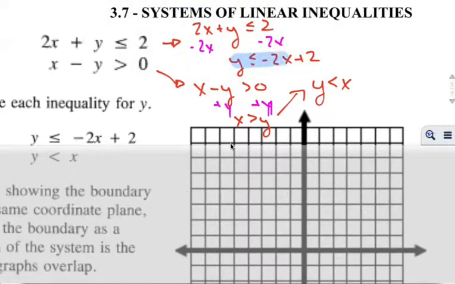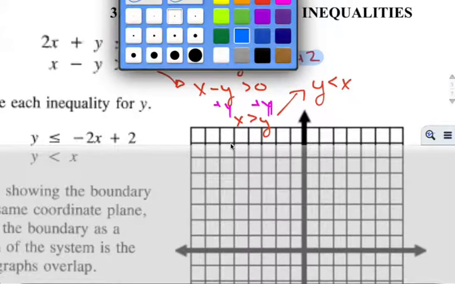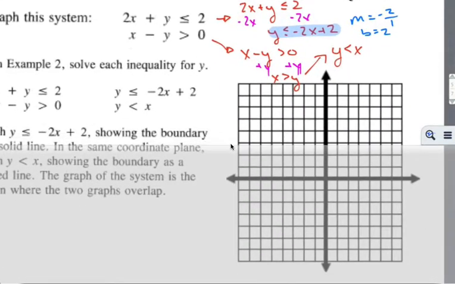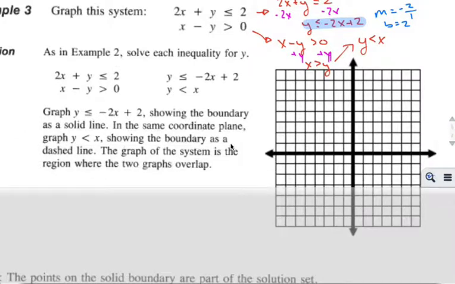So what this means is I can do this in slope-intercept form. For this one, I'll do it in blue. m equals negative 2 over 1, b is equal to 2, so that's what I'll graph. Negative 2 over 1 is down 2, right 1, or we go up 2, left 1. We connect those dots, and that goes that way.